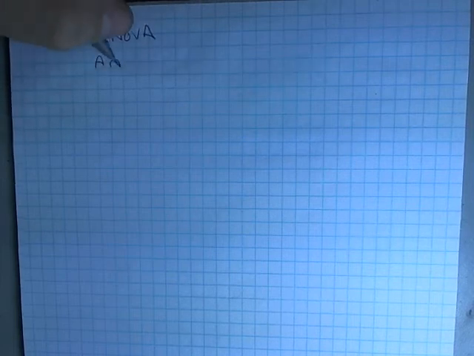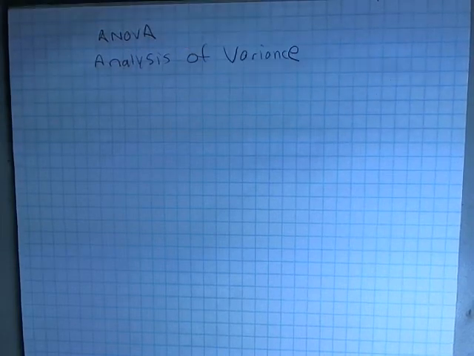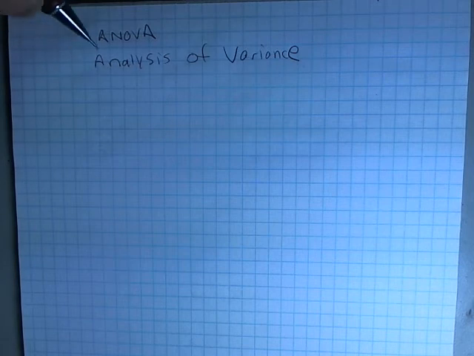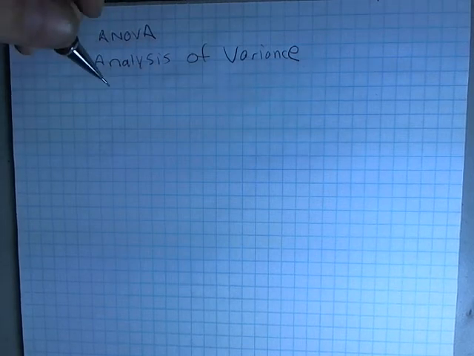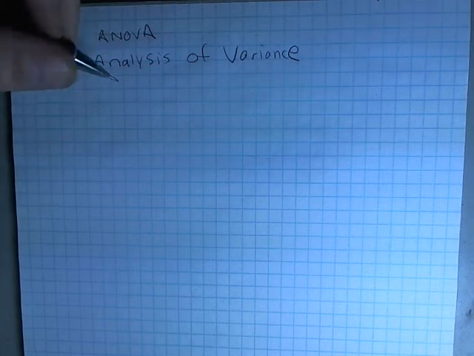ANOVA testing is an acronym that stands for Analysis of Variance. So just a really quick refresher on what variance is. Variance is the sum of all squared deviations in a data set.